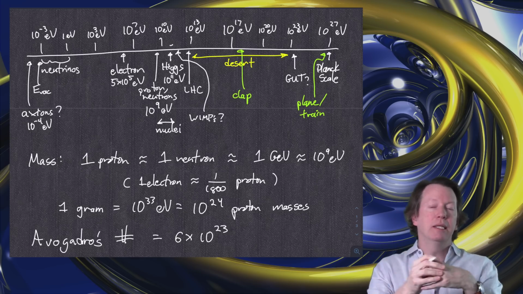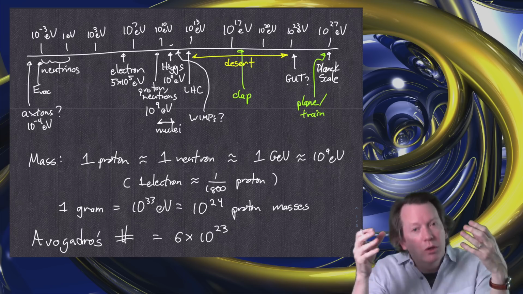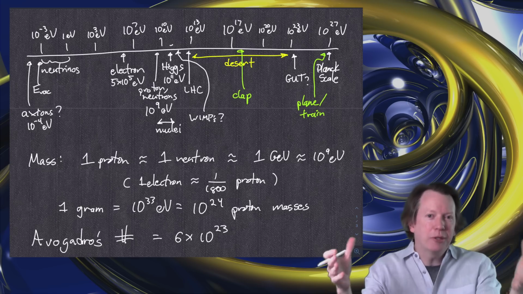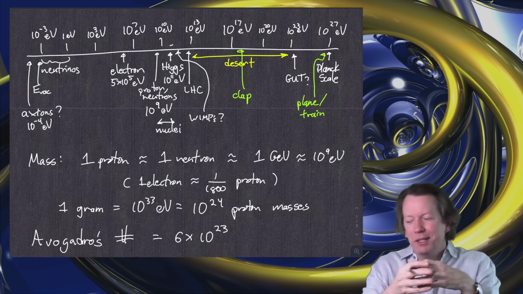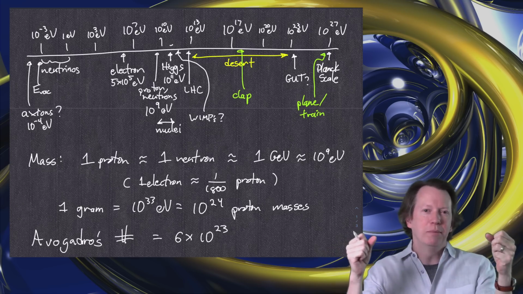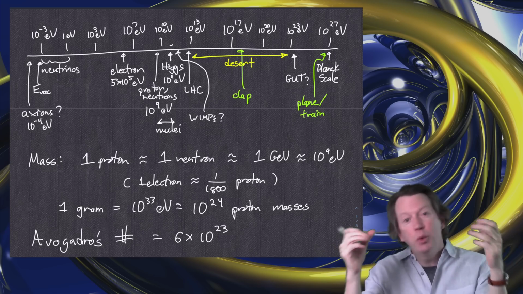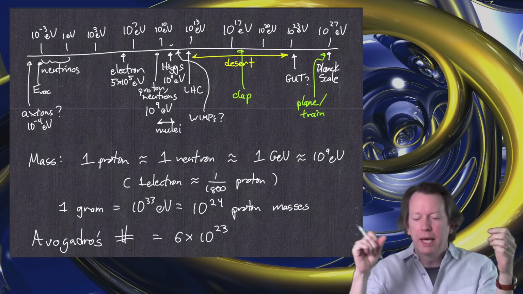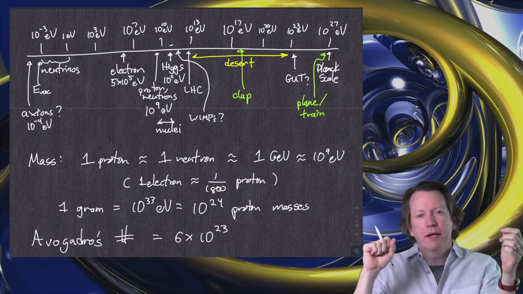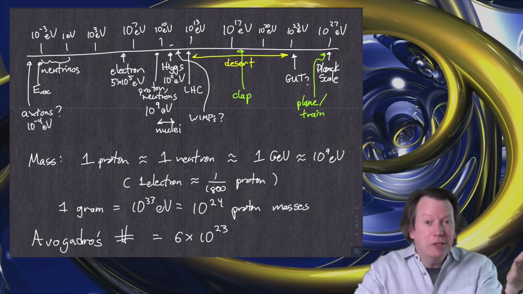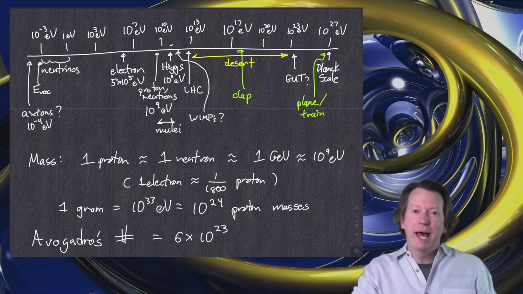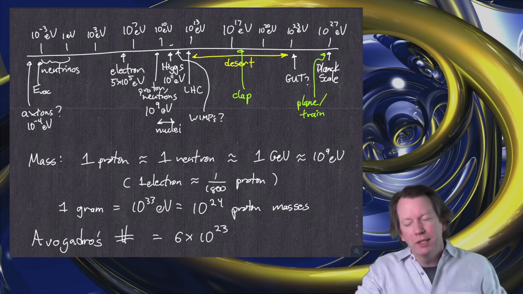It's roughly speaking the number of hydrogen atoms in 1 gram of hydrogen. Or if you have something like carbon, which is actually used as the mass standard here, Avogadro's number is the number of carbon atoms in 12 grams of carbon, because the atomic weight of carbon is 12. Chemists, bless their hearts, care about the real world where there are isotopes, and so they care about the fact that hydrogen is not all atoms that have one proton and one electron.